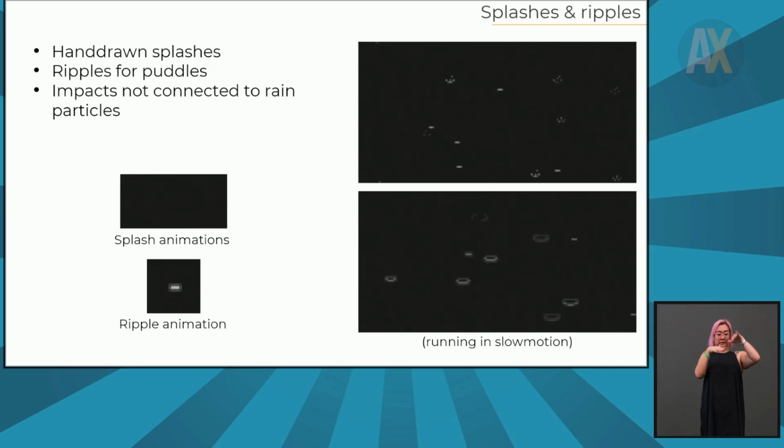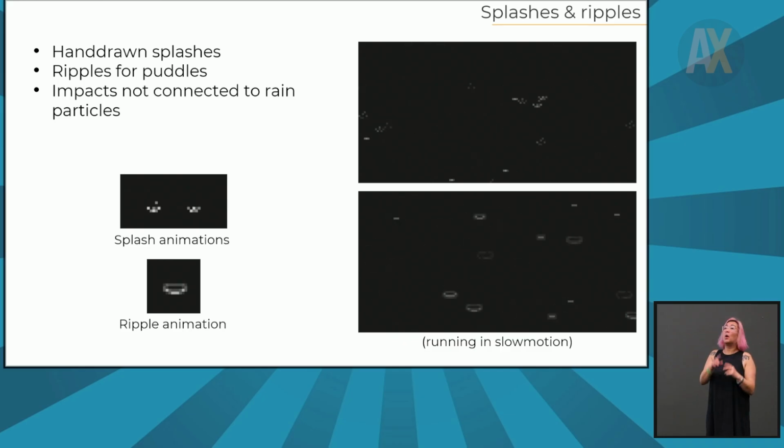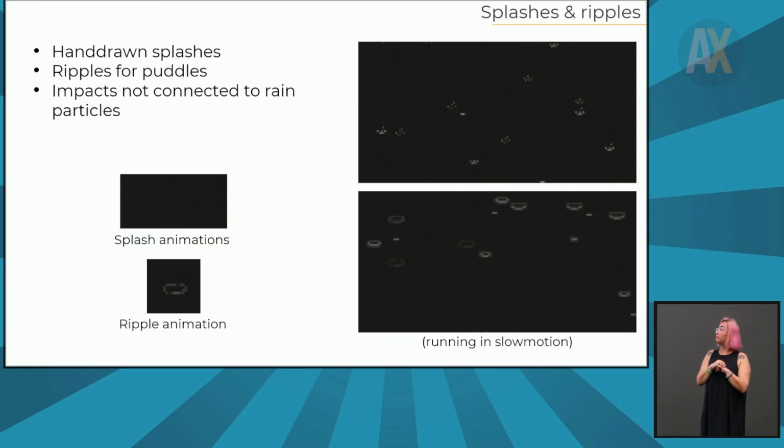For the actual splash impacts, we have two short hand-drawn splash animations. In contrast to the rain particles, we couldn't just use a single sprite and change the particle system to create variation. We actually need some animation here. So having these two separate ones was the way to go. But these splashes wouldn't really make sense if they landed in a water puddle, for example.